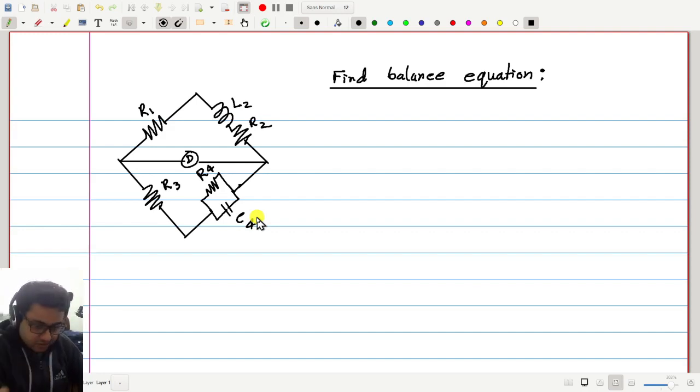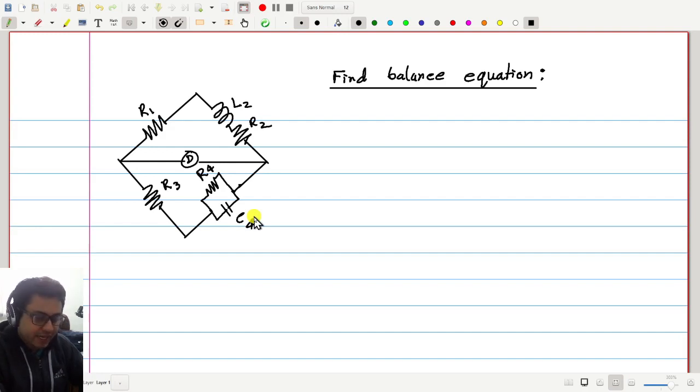At your spare time, you must get something impossible. Something weird, like L2C4 plus R2 by R4 equal to 0. You must get something weird, because it is impossible to balance this bridge.